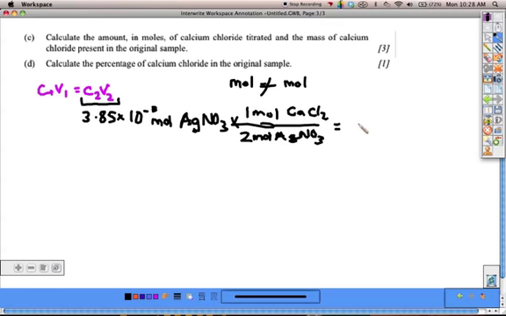And from that I should get right around 1.92 times 10 to the negative 3 moles. And again, that is of the calcium chloride. It's also asking for the mass of the calcium chloride in that original sample. I know moles now, so I just need to look at the periodic table for the mass of calcium chloride.